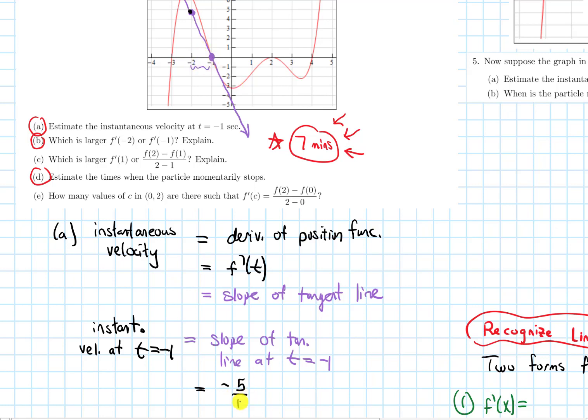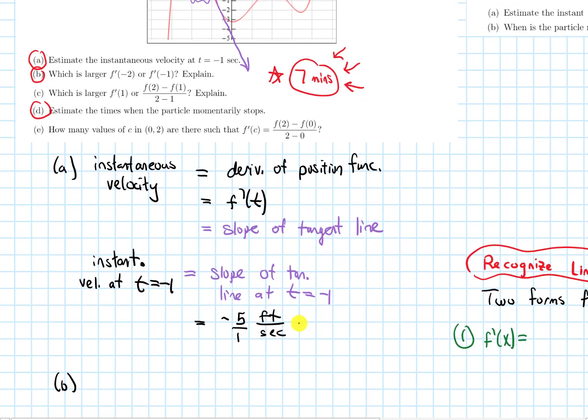The units of y, my position, are feet, and the units of t, time, are seconds, so it's in feet per second. Simplifying, this is -5 feet per second. Maybe it would have been better to put an approximately equal to, because I am estimating the slope of this tangent line. And there we have it.